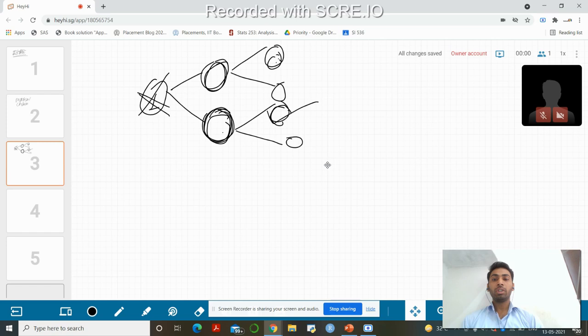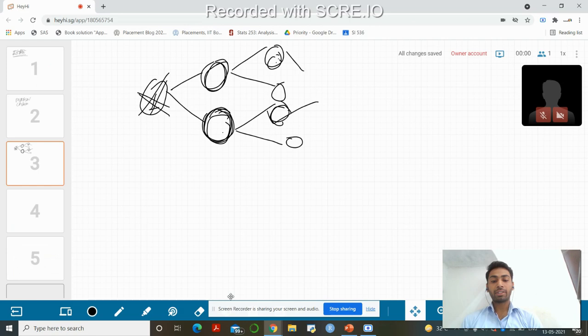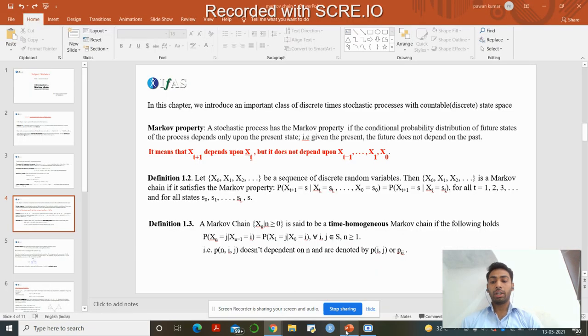Okay, so I am saying that, if this is my x t plus 1, this is my x t, and this is my x t minus 1, we said that our x t plus 1 does not depend upon x t minus 1, x 1, and so on, up to x 0.